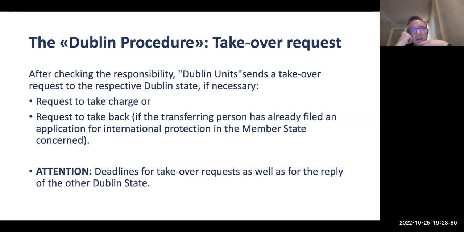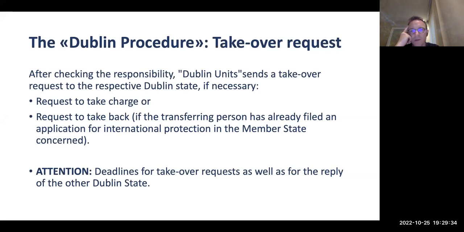The first check is whether this person, after fingerprinting check, for example, came through Italy. Then they make a decision and make an asylum takeover request to the Dublin state which is the first entrance, in my example case, Italy. The request is to take charge of the asylum application and take the person back, meaning physically transferring the person to the country of concern. There are specific deadlines attached to it.